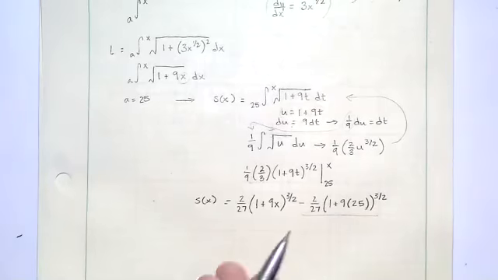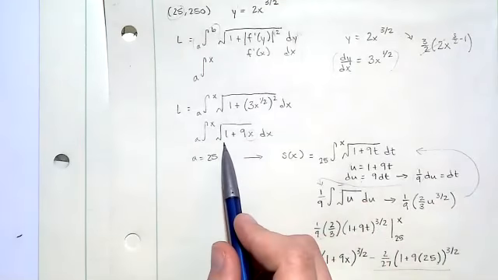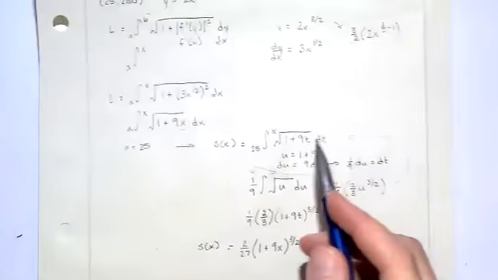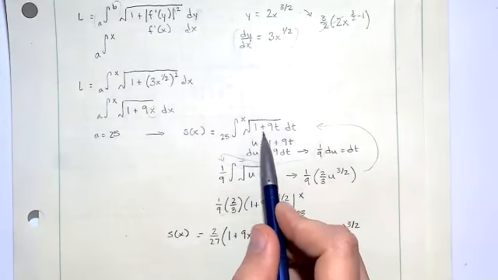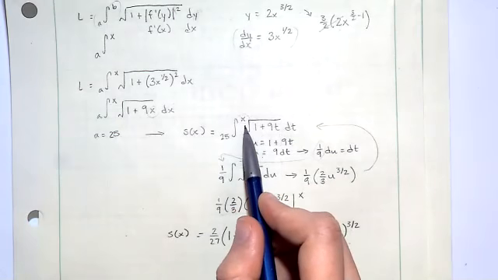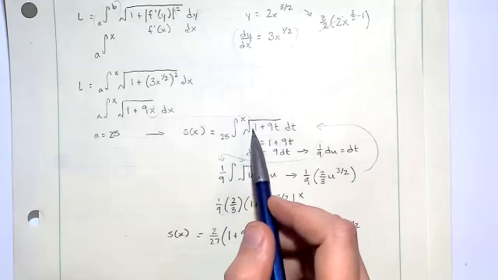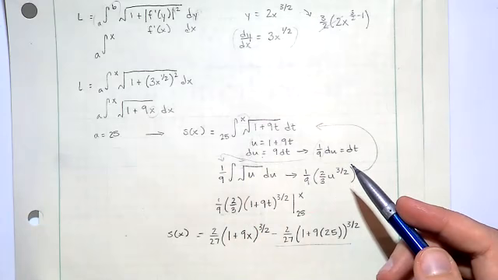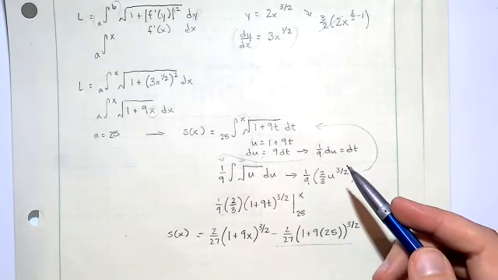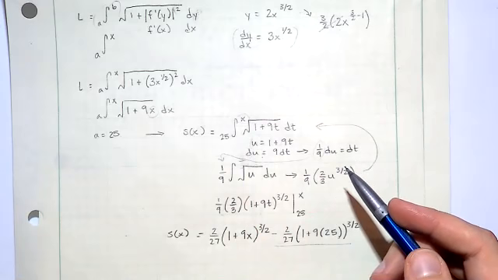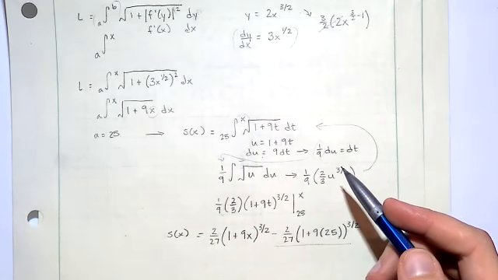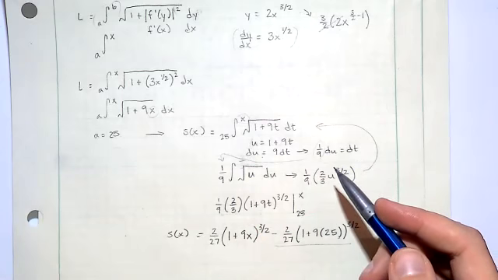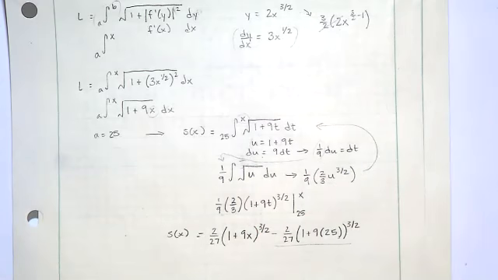So where in this problem I had a 1 plus a root of 1 plus 9x, I had to write that in terms of t to make sure that I satisfied having this x in the bounds. And so in terms of your problem where you have 6x plus 1/24x, no, it's okay. WebAssign's a little bit tricky to think about sometimes. But yeah, you just have 6t plus 1/24t. And that should solve your issue.